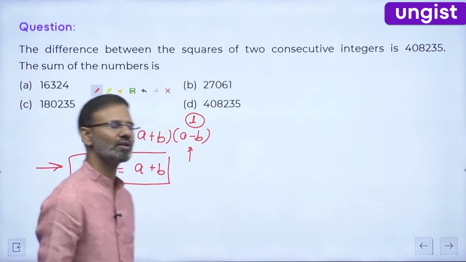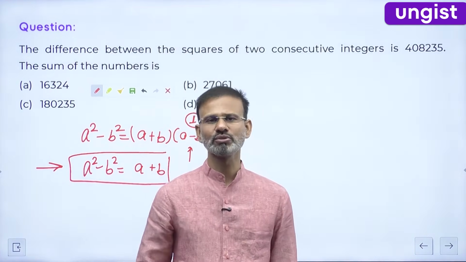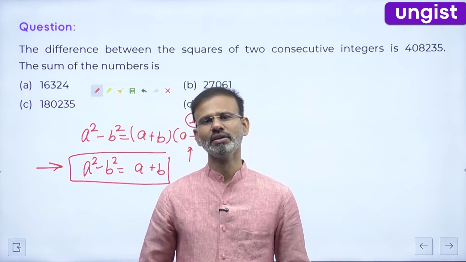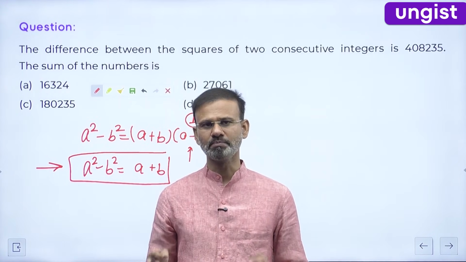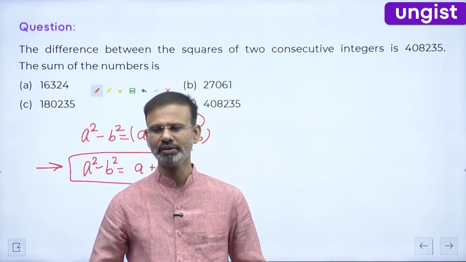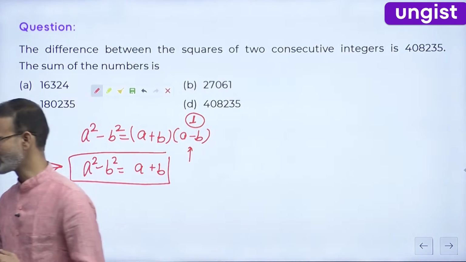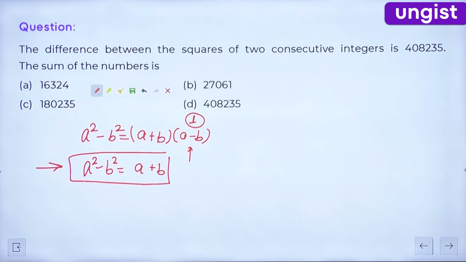लिख लीजिए इसको. The difference between the squares of two consecutive natural numbers is equal to their sum.